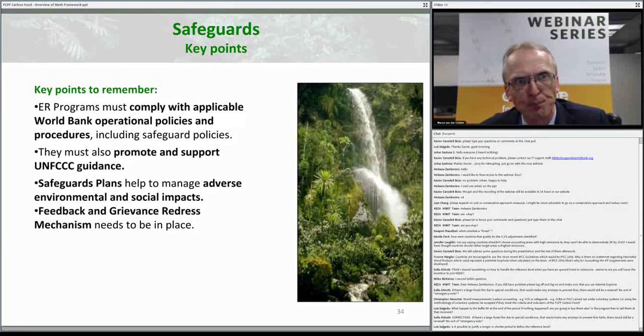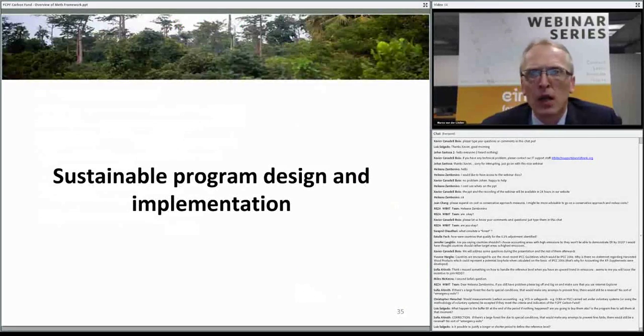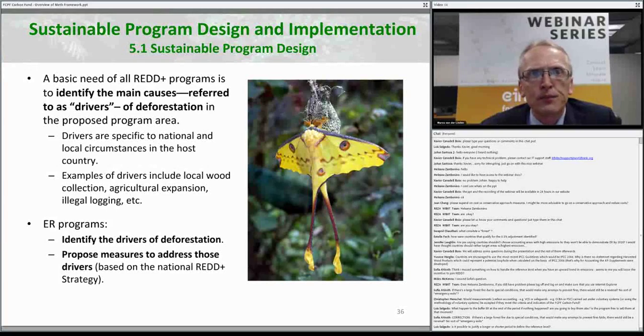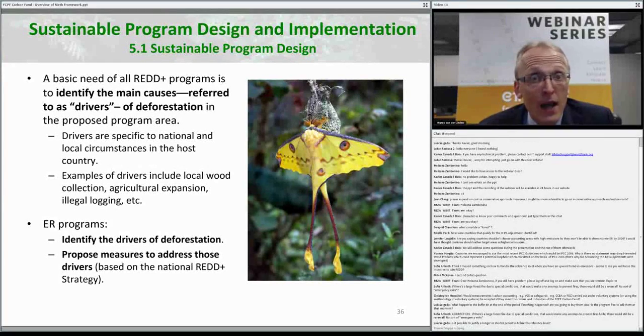The next part of the methodological framework talks about sustainable program design and implementation. So the basic of that is that you know what your drivers of deforestation are and that you have actions to address that.